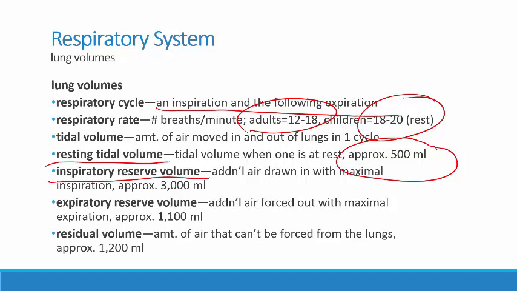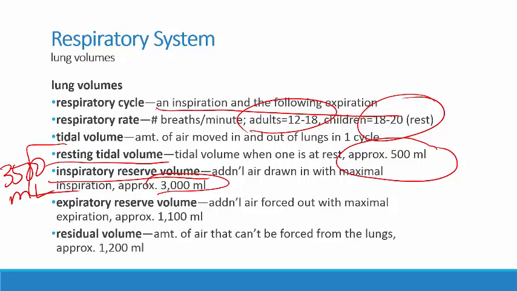That's the additional air beyond tidal volume that you can breathe in. And the average is about 3,000 milliliters, but again, depending on your size and your sex, that number is going to be different. So when we have breathed in all the air that we can possibly breathe in, we're looking at both of these numbers put together, 3,500, give or take, milliliters.